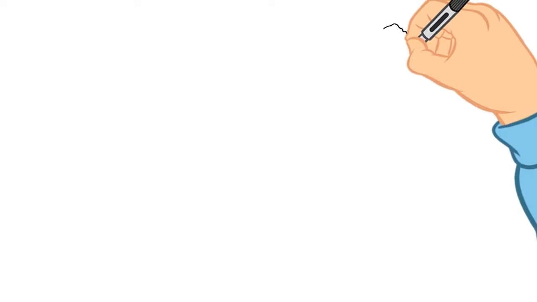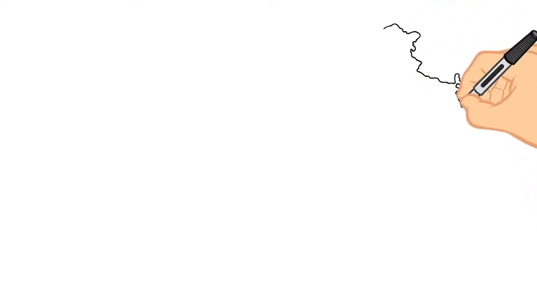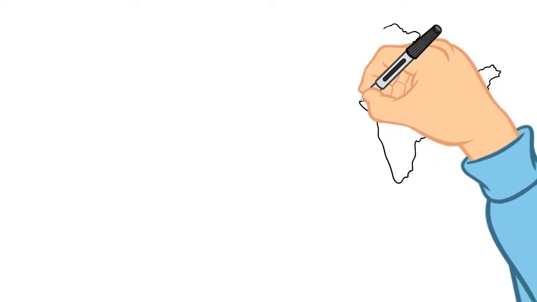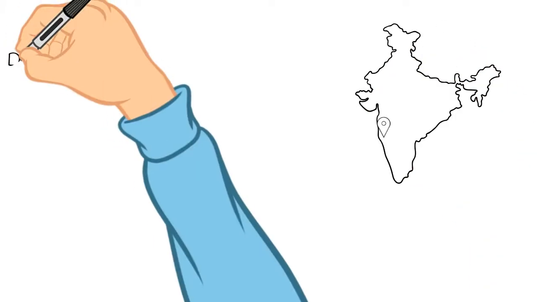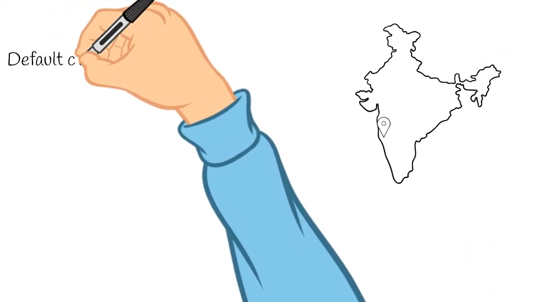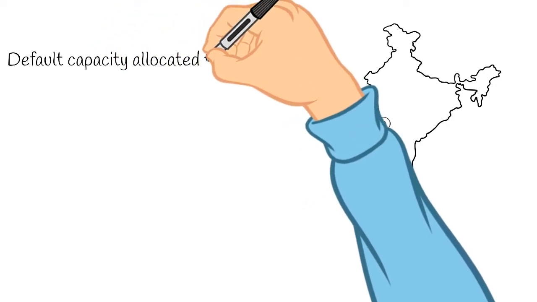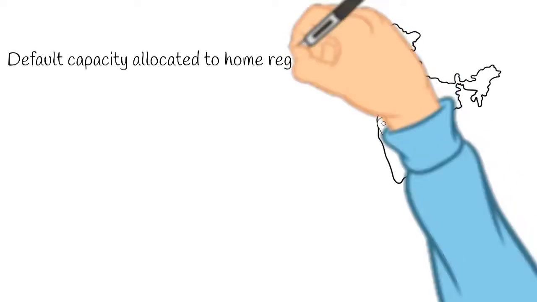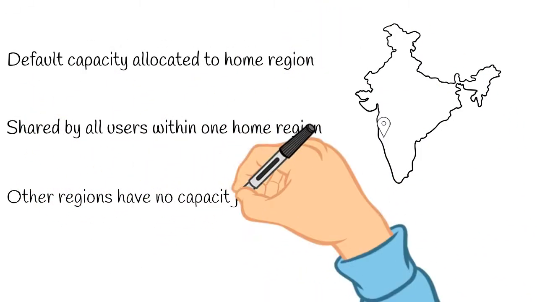SPICE capacity is allocated separately for each AWS region. Default SPICE capacity is automatically allocated to your home AWS region. For each AWS account, SPICE capacity is shared by all the people using QuickSight in a single AWS region, whereas the other AWS regions have no SPICE capacity unless you choose to purchase some.